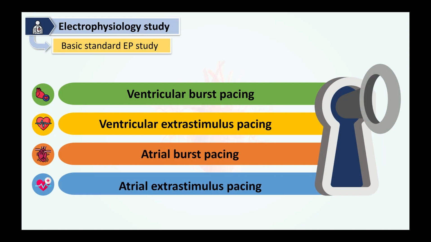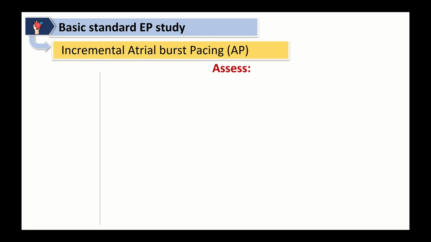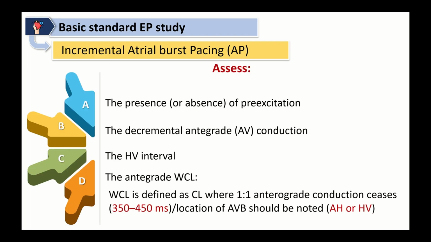Now let's go to assess the antegrade conduction, atrial burst pacing, extra stimulus to differentiate nodal and extranodal conduction. Atrial burst pacing, incremental atrial burst pacing. The golden rule is to assess whether there is any evidence of pre-excitation, delta wave, when we give incremental atrial burst pacing or not.